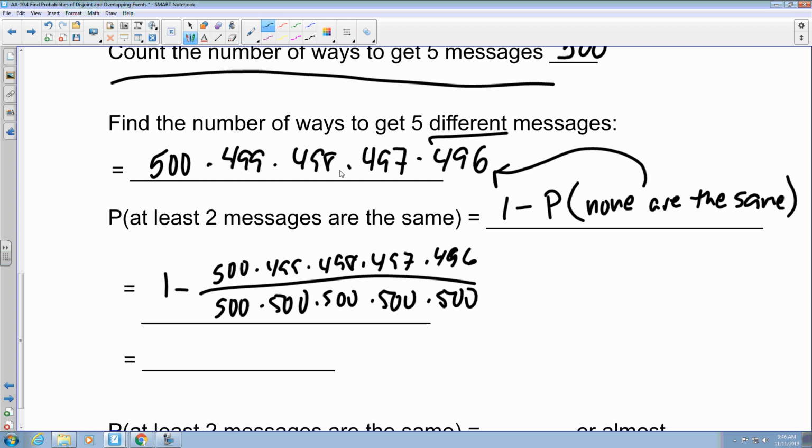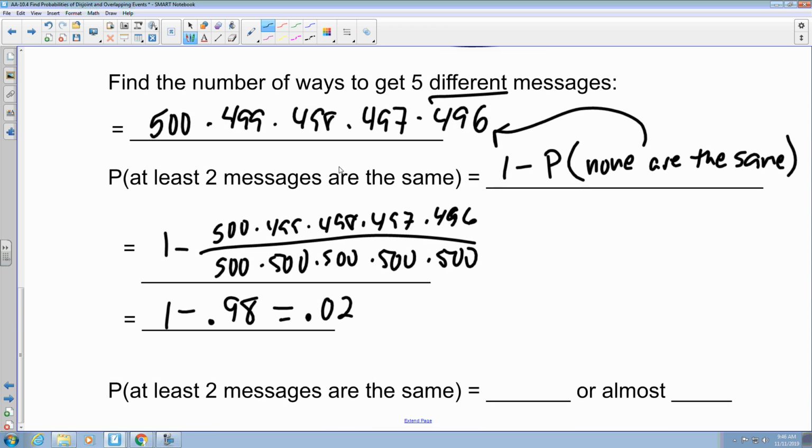In parentheses, 500 times 499 times 498 times 497 times 496, close the parenthesis, then divide by another set of parentheses, 500 times 500 times 500 times 500 times 500, and I hit enter and I get 0.98. Then 1 minus 0.98 is about 0.02.